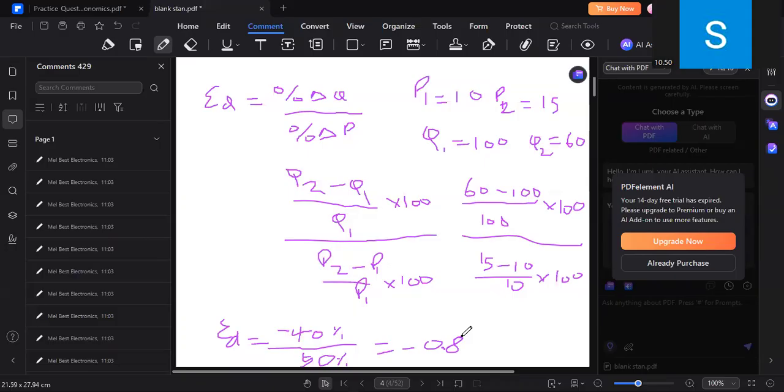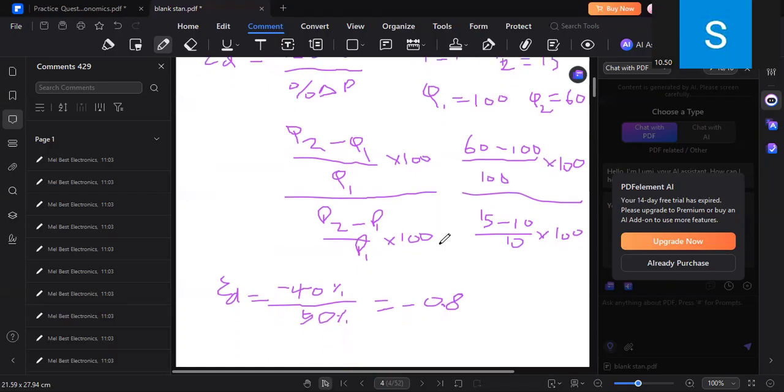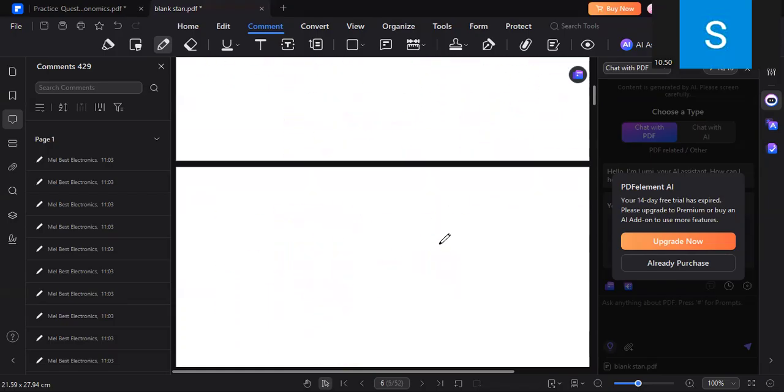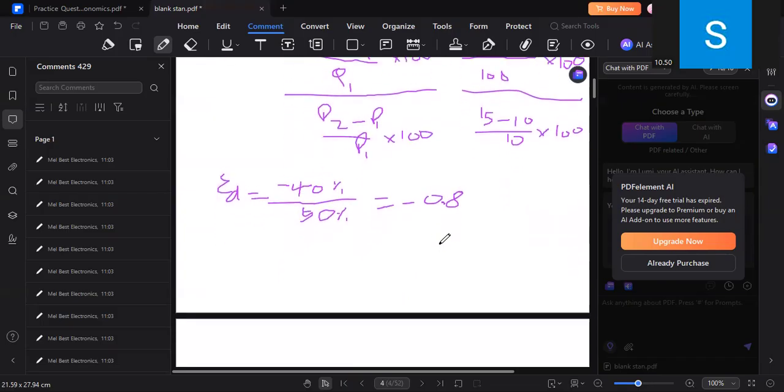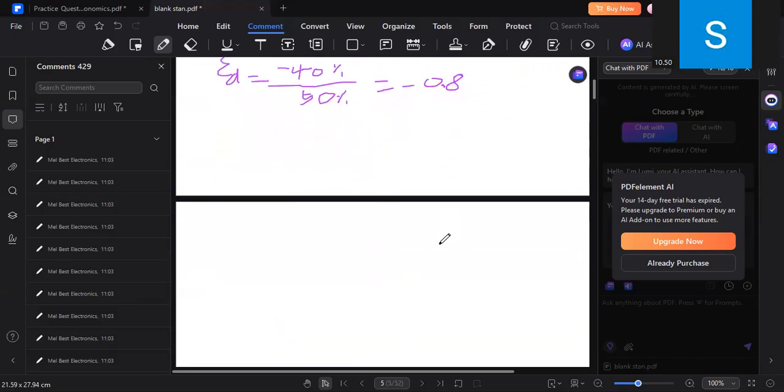There are, however, times when we would want to calculate what is called arc price elasticity, so that we know the range within which to not make prices fluctuate anyhow.